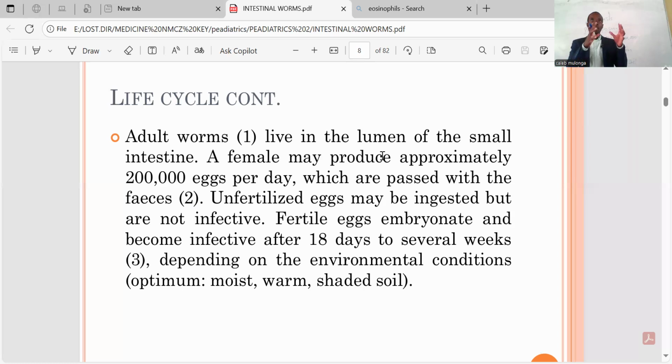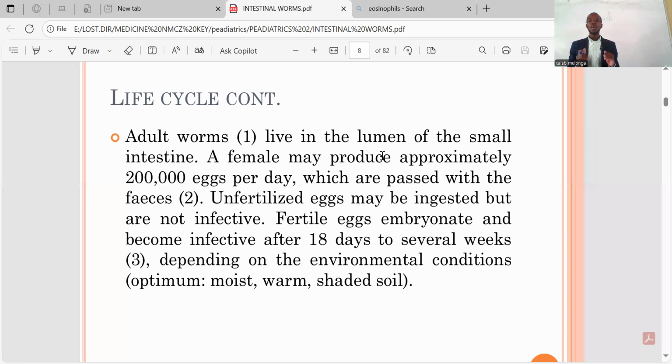So remember, these eggs have moved from the intestines and they are now in the fecal matter, out of the body. While outside the body, remember these eggs have been released, so the eggs that are in the fecal matter at this point are unfertilized.